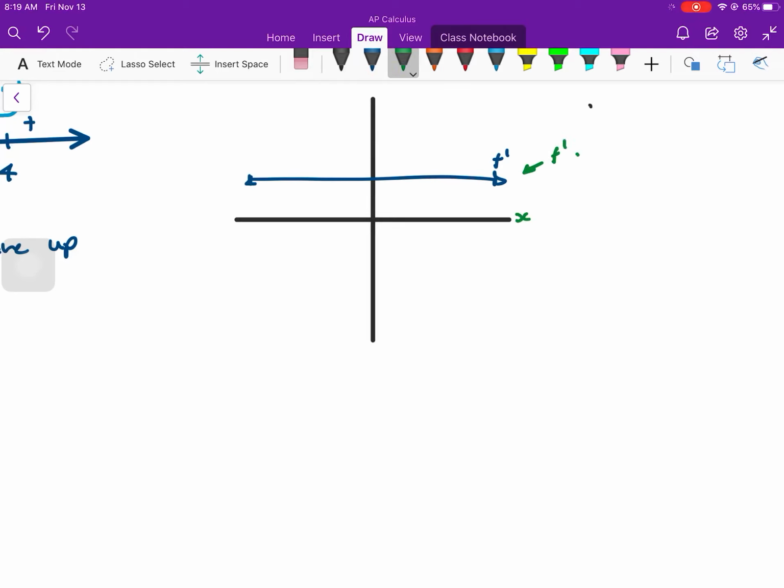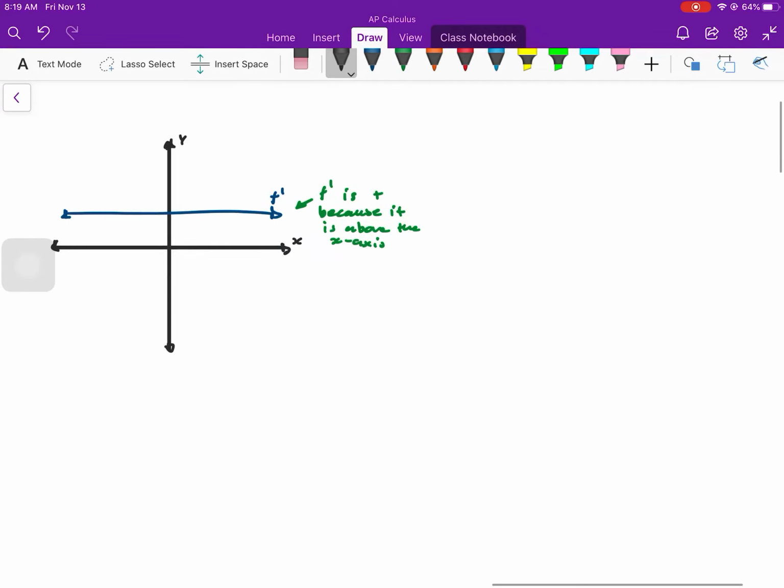So f prime is positive because it is above the x-axis, meaning the y values are positive. If you take a look at these y values, they're all positive. So it's not increasing or decreasing here. F prime is simply positive only because it's above the x-axis.